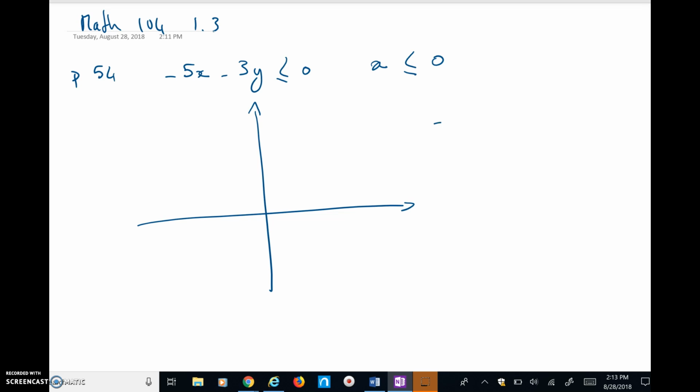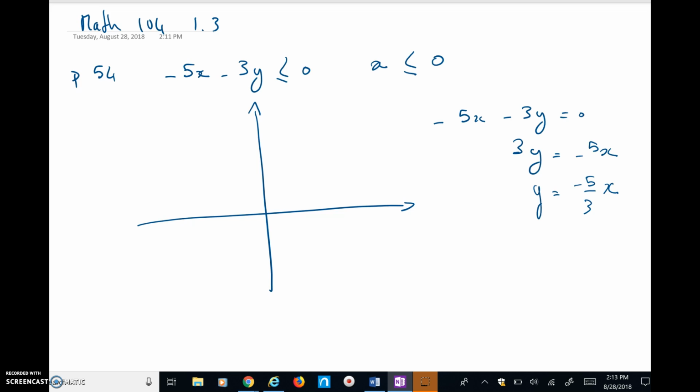So if you have minus 5x minus 3y equals 0, you got 3y equal negative 5x, so y equal negative 5 over 3 x. If you graph that, obviously it's going down.